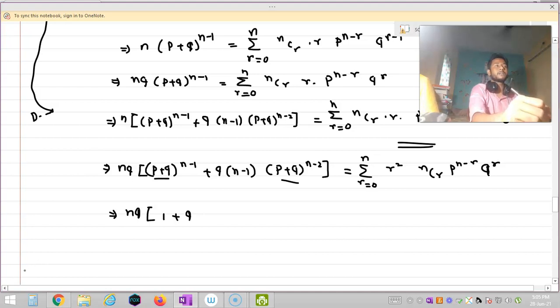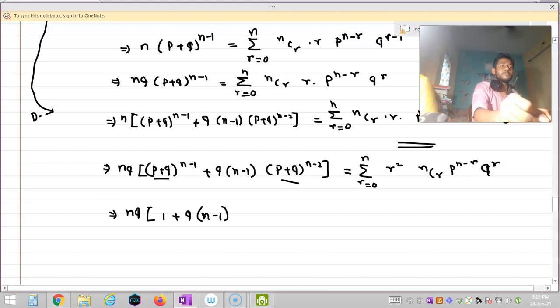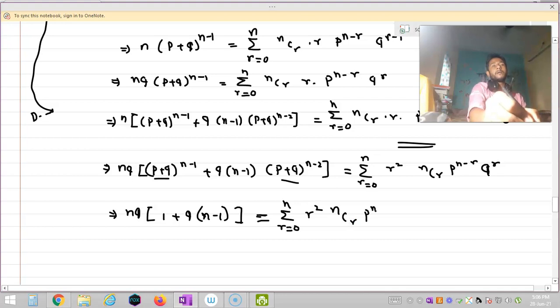I think I missed a term, it is nq²(n - 1). This is equal to our required summation r = 0 to n of r² nCr p^(n-r) q^r.